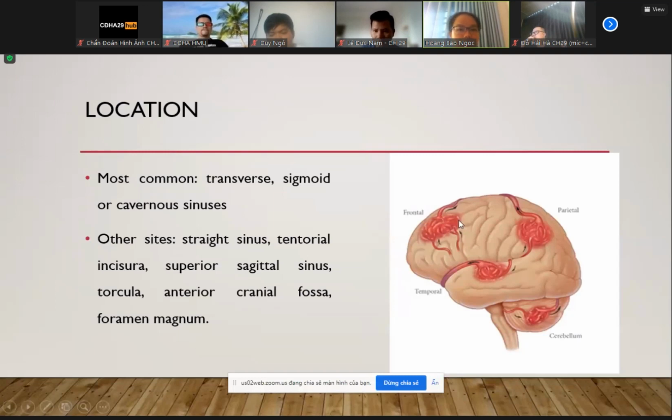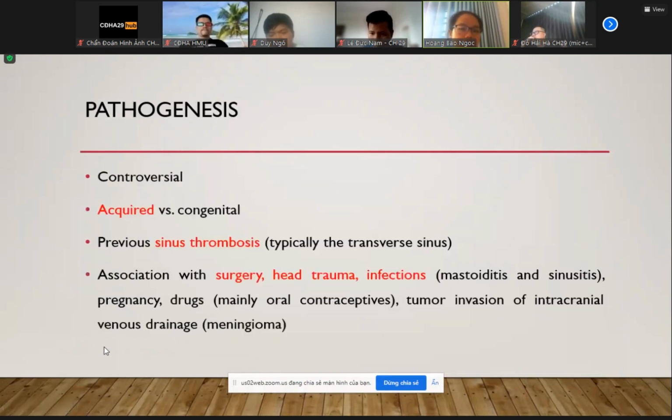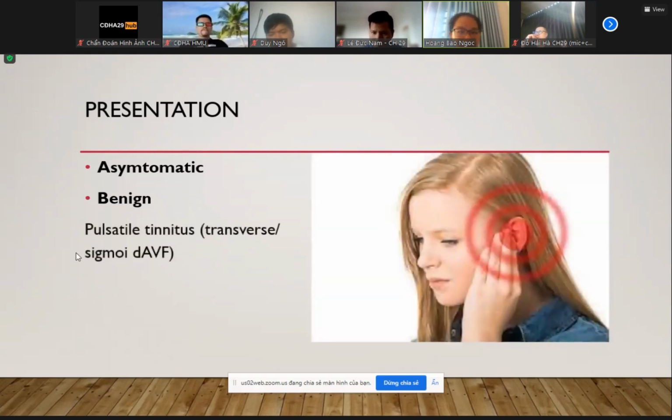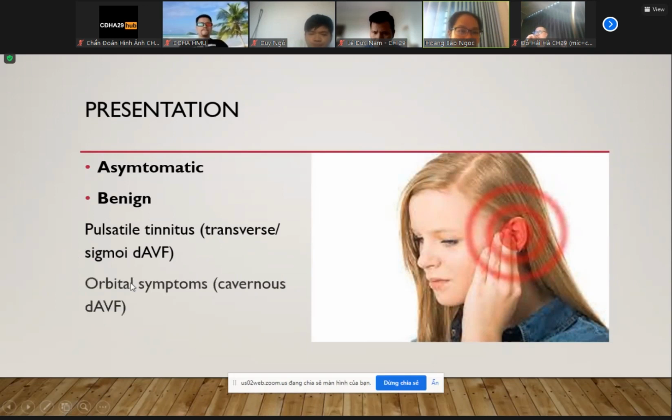Even though dural fistulas are found outside the brain tissue, they still have neurological symptoms, from an asymptomatic state to benign symptoms and aggressive symptoms. In benign symptoms, we can see patients presenting with pulsatile tinnitus, typically for transverse and sigmoid dAVF, and eye symptoms for cavernous dAVF.